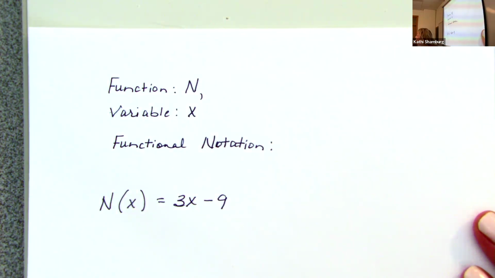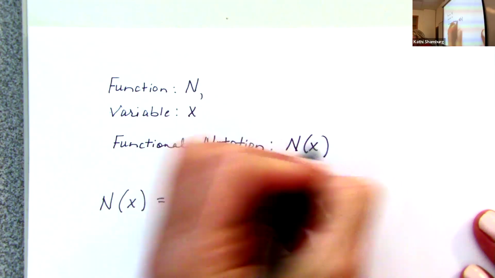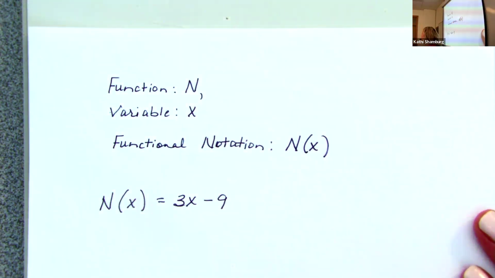And then if I asked you to give me the functional notation, what am I asking for? 3x minus 1. That's the formula. That's not functional notation. So if you're uncertain, look back in your notes. It would be N at X. That's functional notation.